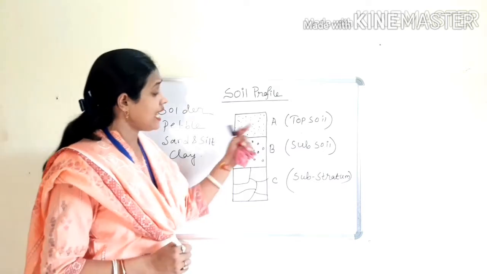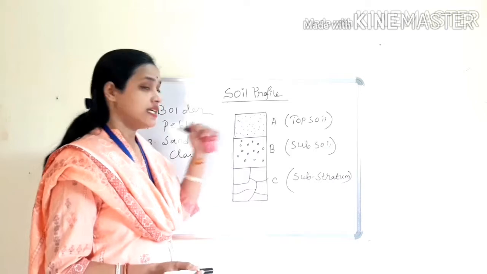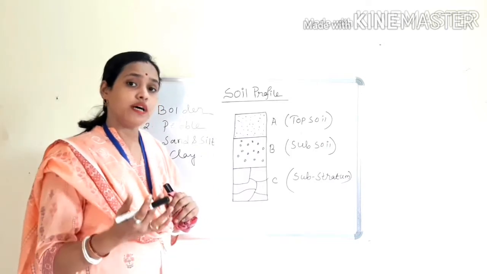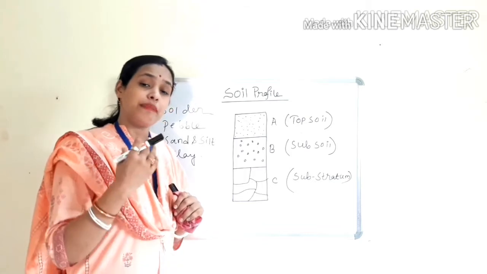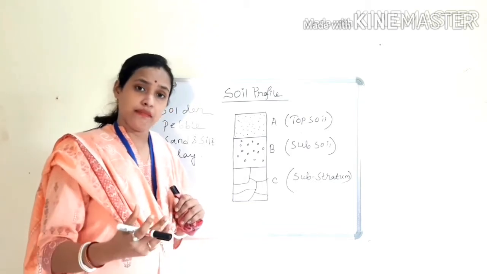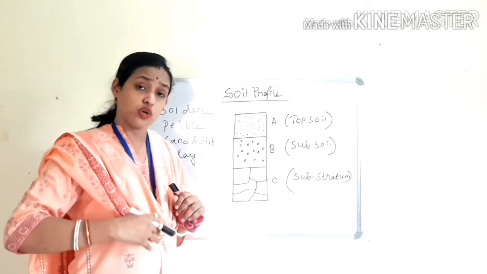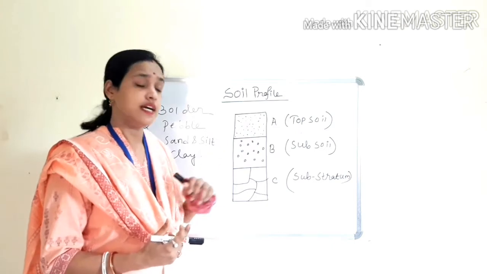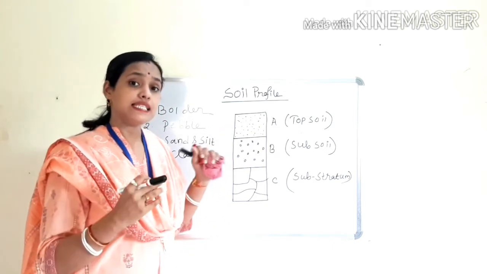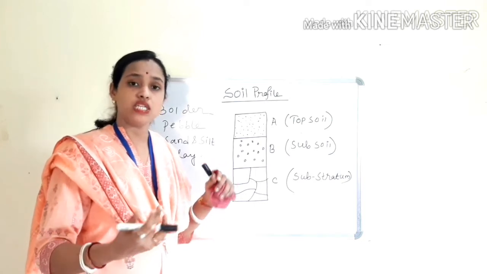Next, in A layer we find that humus is also added to the material. Now humus, what do you mean by humus? Decomposed plant and animal remains, and the process is simply called humification. So through the process of humification, humus is added to the materials, and this layer becomes fertile soil, which is very important for plant growth.